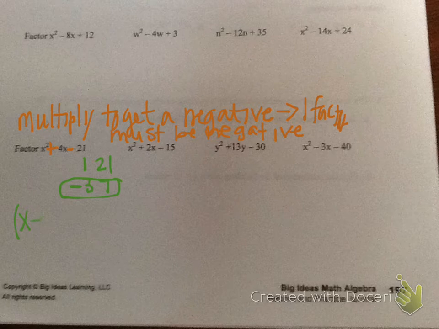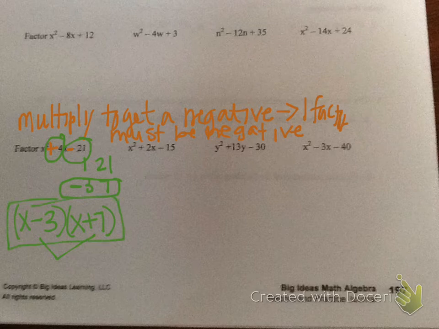So my answer is x minus 3, x plus 7. And again, I'm checking, do negative 3 and positive 7 add up to 4? Yes. Do they multiply to negative 21? Yes. So this is my final answer.